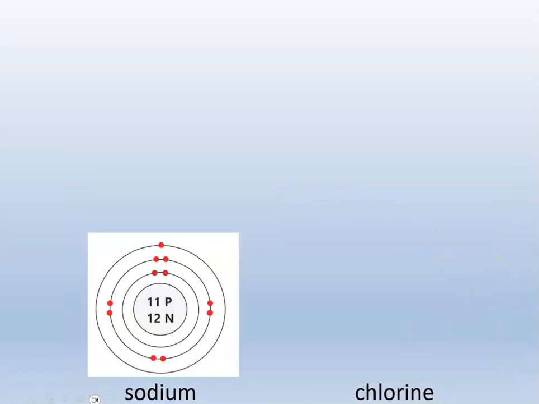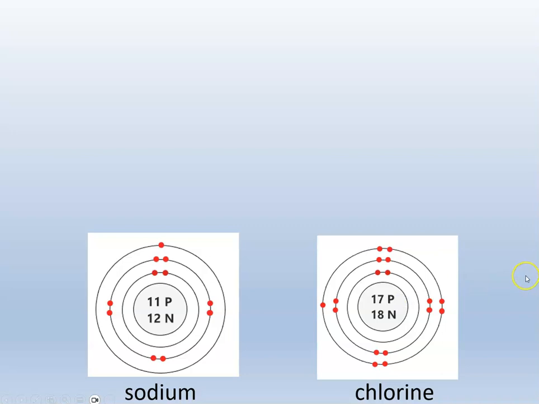So I don't know if you can see the bottom of the screen, but we've got a sodium atom here. And again, I'm looking at the Bohr model. And so there are three energy levels from the center. And so chlorine also has 3 energy levels, and right now I've got them depicted as the same size. But I want to concentrate on the number of protons.